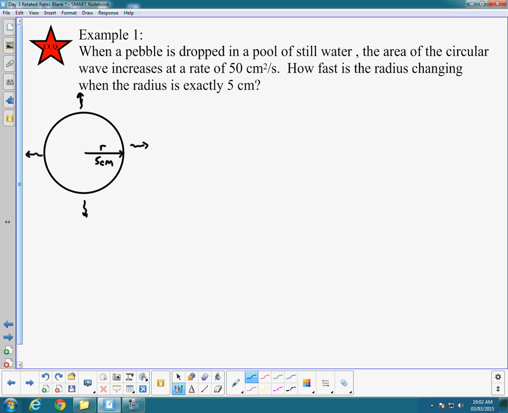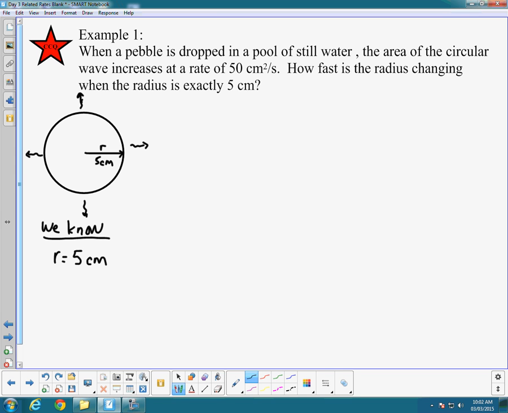So I'm going to write down what we know. This is a great strategy when doing all sorts of word problems: write down all of the information off to the side. So we've got a bunch of variables here. The first variable I see is radius. And at the specific snapshot, we're talking about a radius of 5 centimeters. We want to know how fast that is changing.